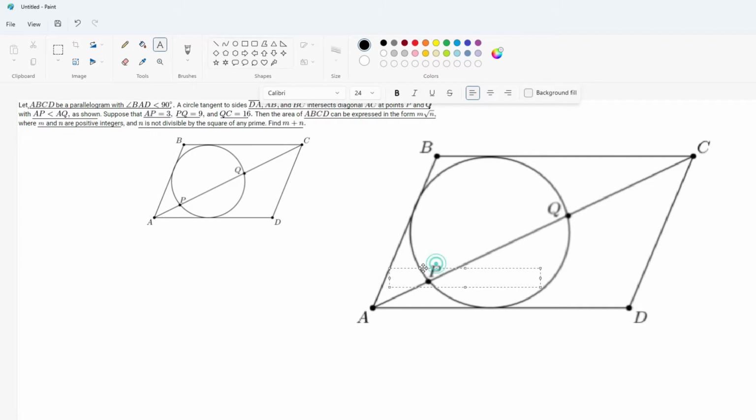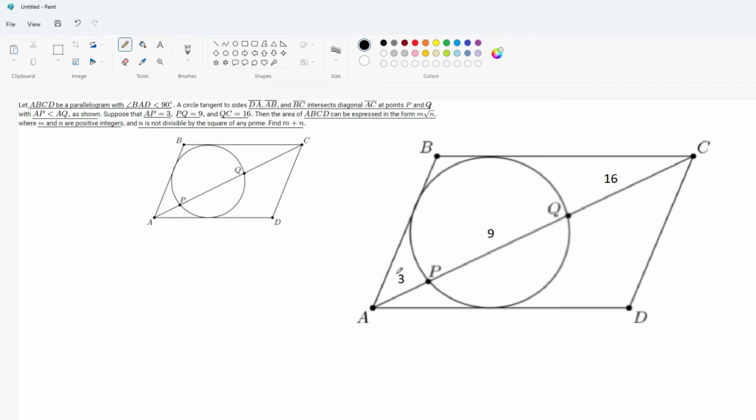First, I know that the length of AP is 3, and I know that the length of PQ is 9, and then I know that the length of QC is 16. And this is actually good enough to start us off with.